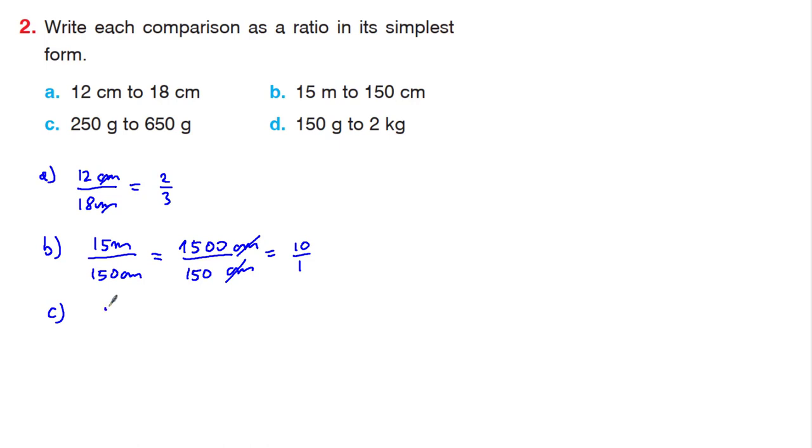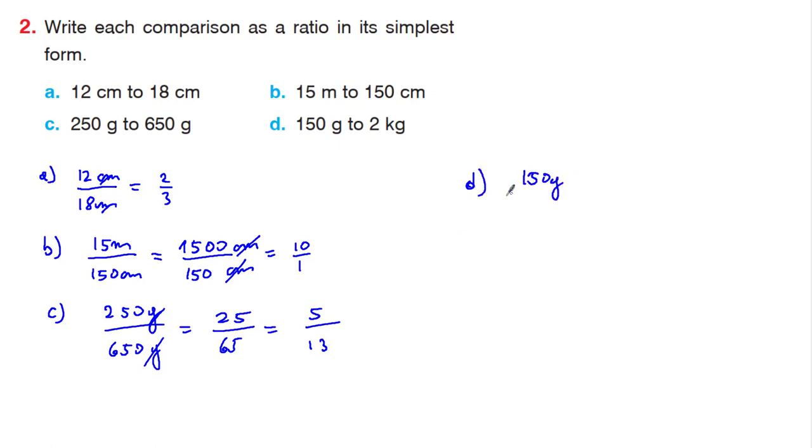Under C, it's 250 grams to 650 grams. If you simplify by 10, you get 25/65. Dividing by 5 results in 5/13. And the last one, under D, 150 grams to 2 kilograms.